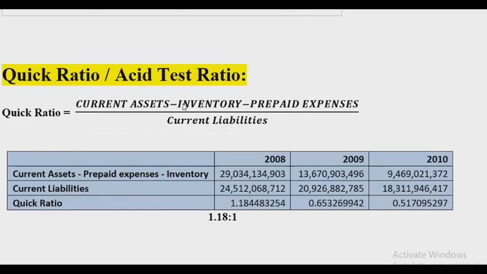Sometimes our suppliers or creditors will be looking into our liquidity position more deeply. Why? Because inventory and prepaid expenses will take time to be converted back into cash. So we need to deduct these items from our current assets in order to judge how many liquid assets we have to pay our current liabilities.